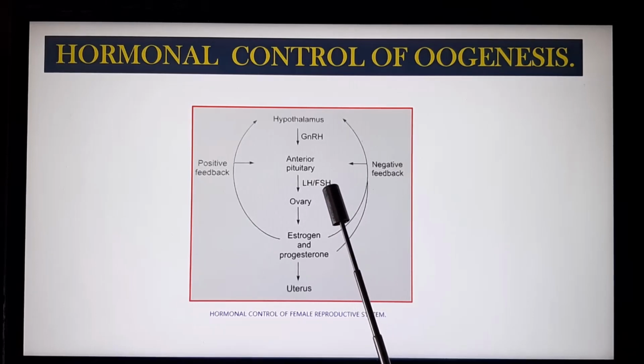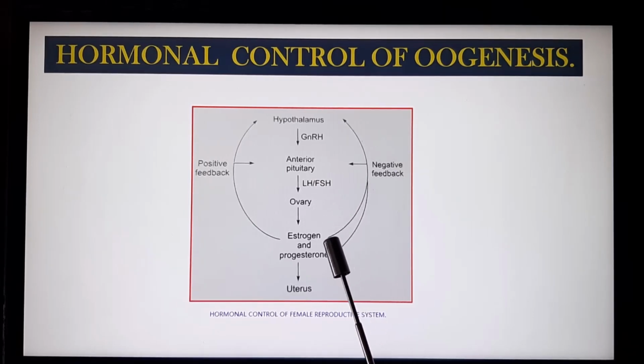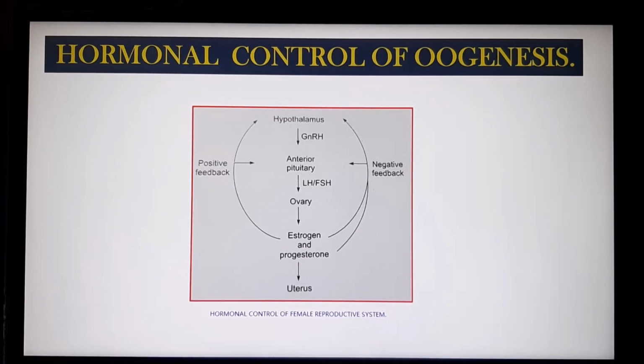FSH helps in the production of estrogen, which brings changes in the endometrium of the uterus for its development, and also in the ovary. The follicle stimulating hormone helps in the development of follicles in the ovary, and ovulation takes place.